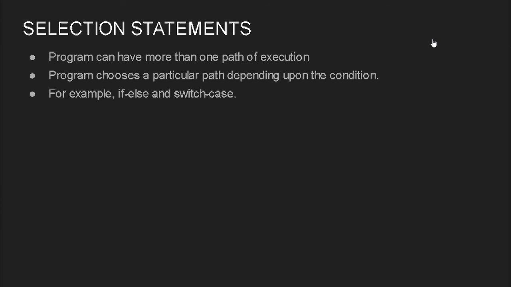Depending upon the if else statement, if that particular condition is true, then the program will choose a particular path, and if the if condition is false, then the program is going to execute the else part. Then the path is going to be something different. That is how the selection statements work. And I already gave you the examples of selection statements: if else and switch case.